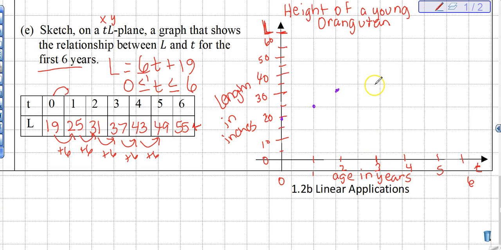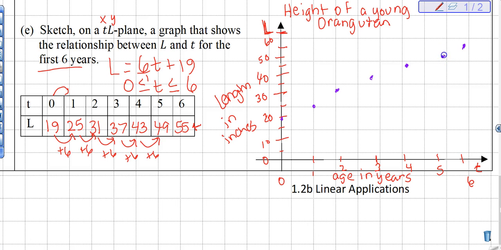And at 3 years, he was 37. And at 4 years, he was 43. At 5 years, excuse me, 49. And at 6 years, 55.